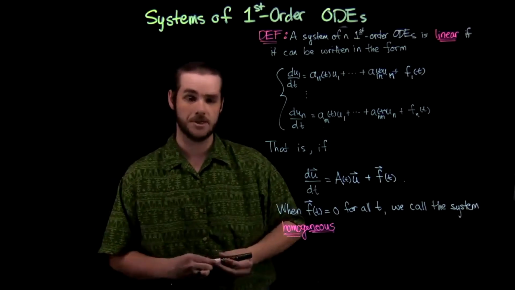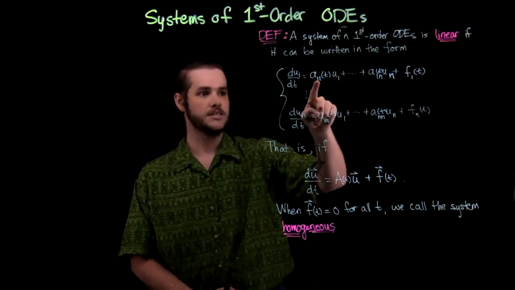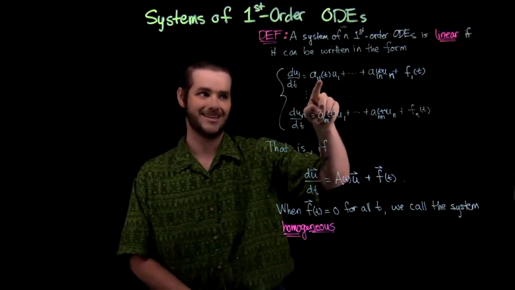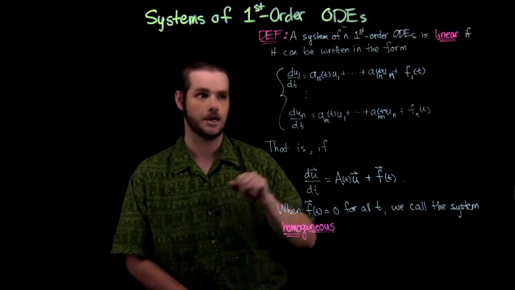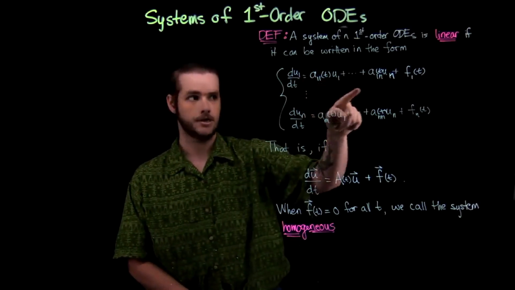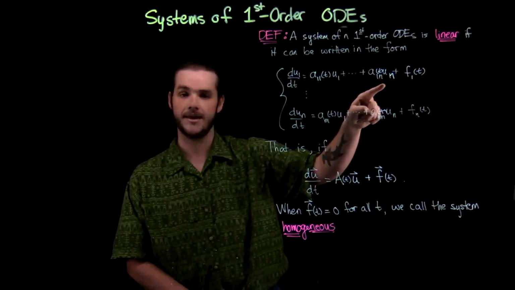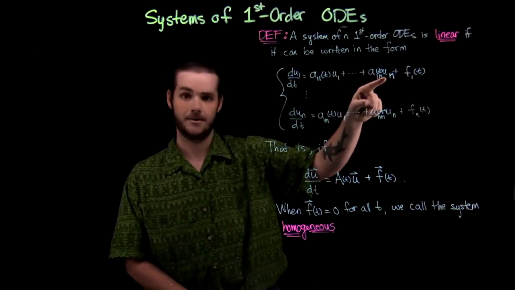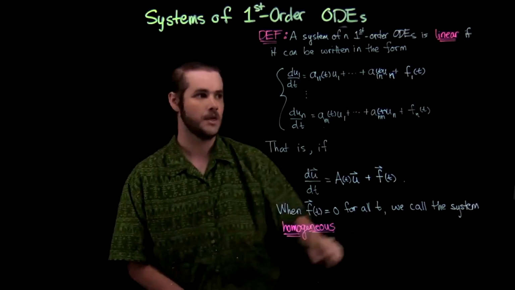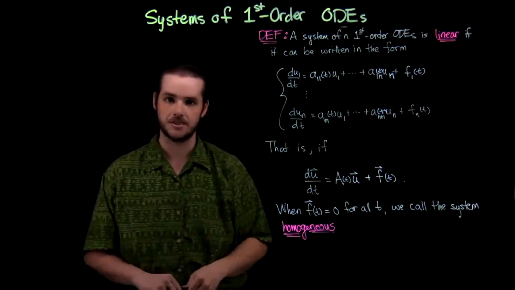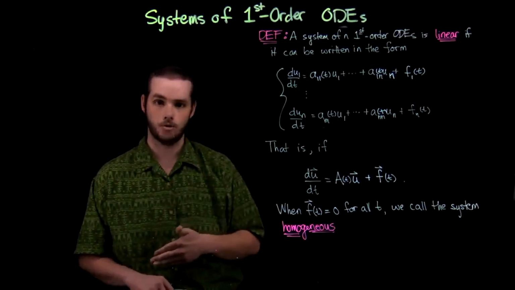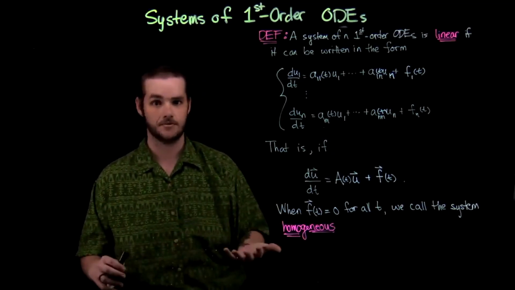Here, the subscripting: the first subscript says that this goes with the equation for u1, and the second subscript says this is the coefficient on u1. So over here, a1n means it is the coefficient of un in the equation for du1 dt. And then, of course, I may just have some t's floating around after that. If I can write every equation in the system this way, we say it's linear.